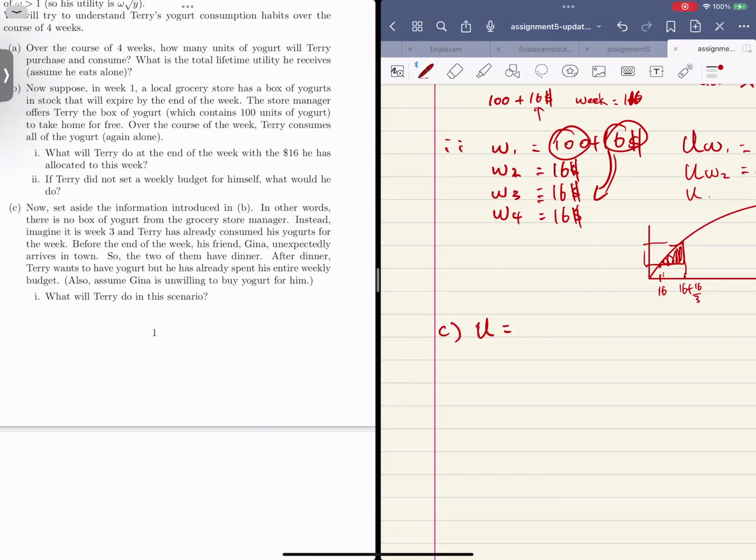So what's your happiness? Your happiness will be the square root of 16, right? But if you happen to borrow or somehow save a unit of yogurt, you will have the square root of 15.